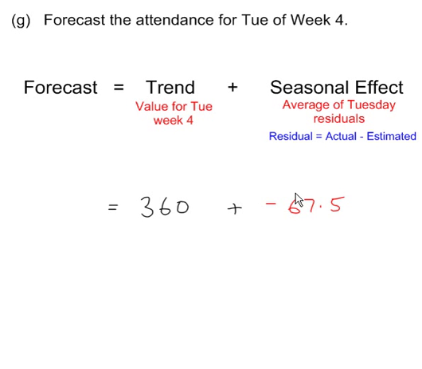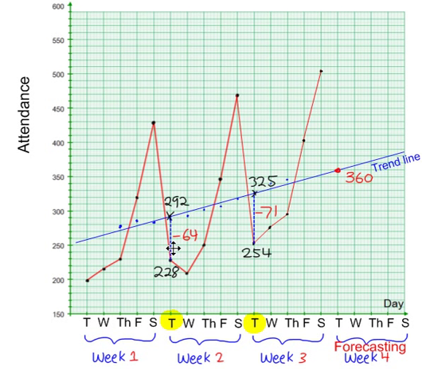So why is this value negative? And why are these residuals negative values? Well, if your data points are below the trend line, you always get negative residuals, and if the data points are above the trend line, you will get positive residuals.